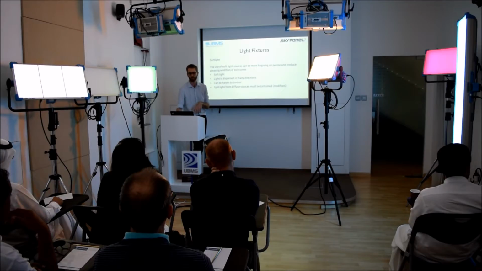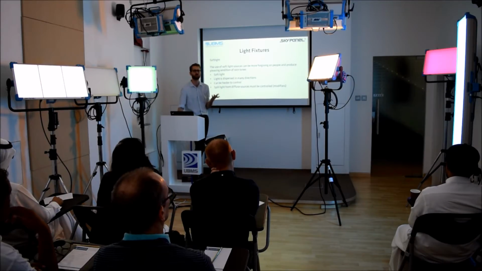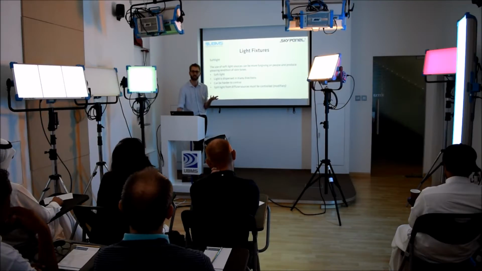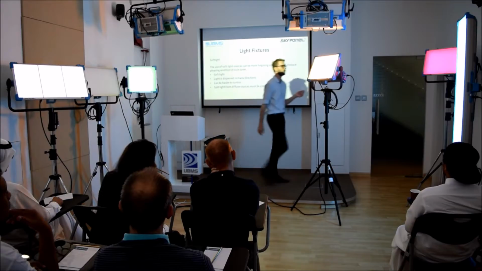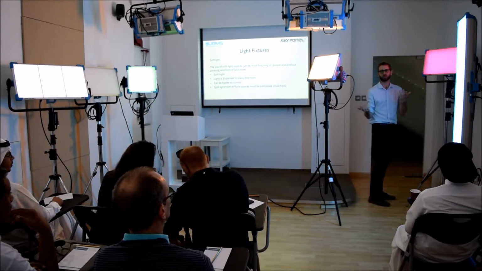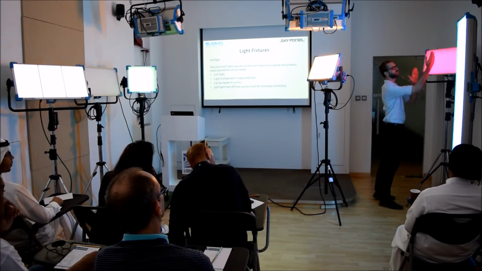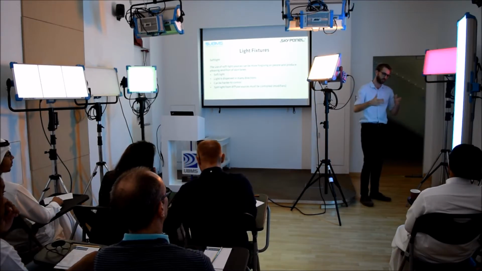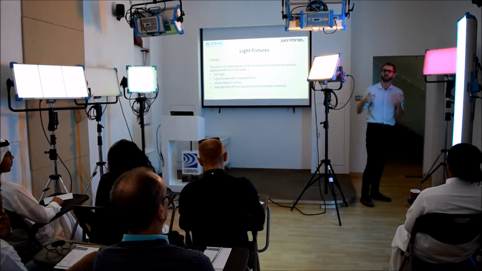Another thing I've mentioned here, spill light from diffuse sources has to be controlled. Everybody heard of an egg crate? You know what an egg crate is? I don't have one here, but an egg crate can be metal or cloth, really, and it clips on the front, and it looks like a grid, almost, of squares.